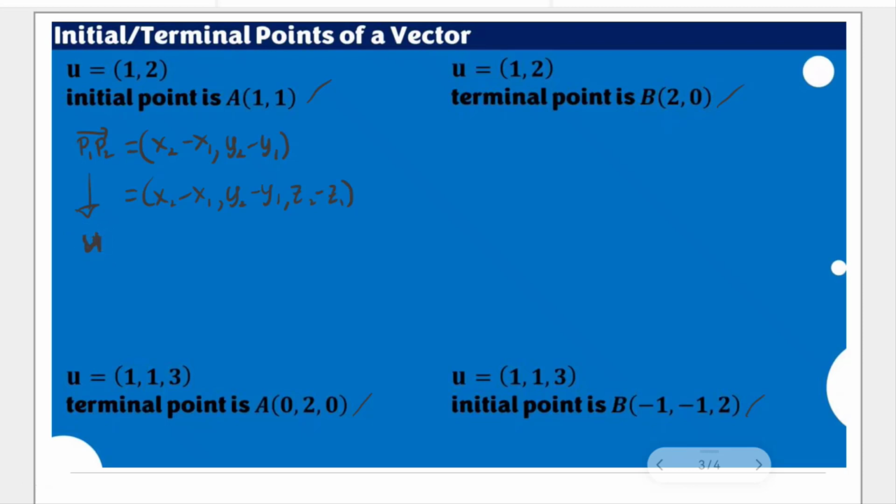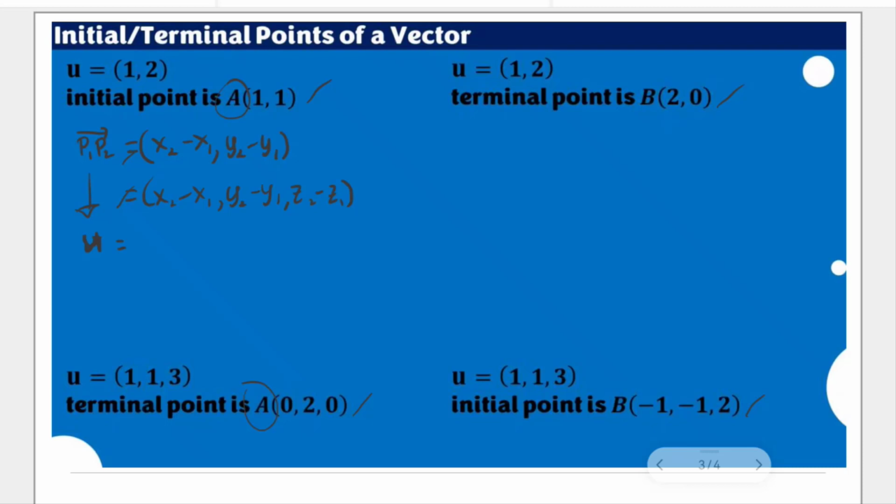Vector u now, we'll be using these two formulas here, but since it depends on the given, here the initial point is A, and this is a terminal point, so we have different notations. So let's not use A or B, let me use x sub 2 and y sub 2.